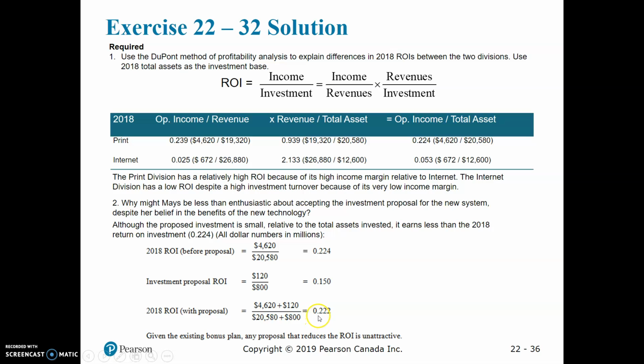We arrive at 0.222, which is again lower than 0.224. And given the existing bonus plan, any proposal that reduces the ROI is unattractive.